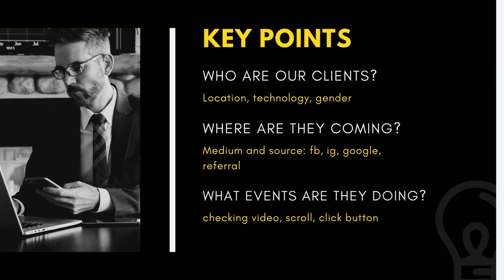All right, so finally, key points. This will send us information about who our clients are: location, technology, gender, where they are coming from, the medium and the source. Are they coming from Facebook, Instagram, Google? What events are they doing? Checking video, scrolling, clicking buttons. This is information that you must have in order to improve your sales.